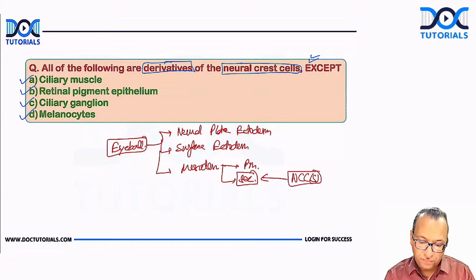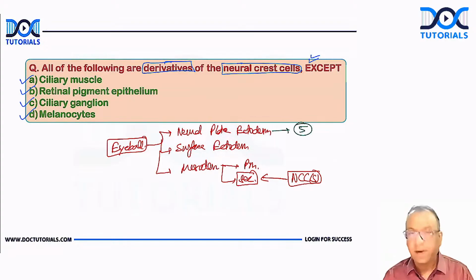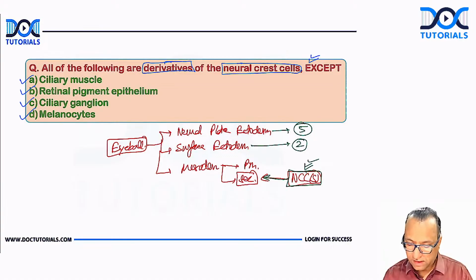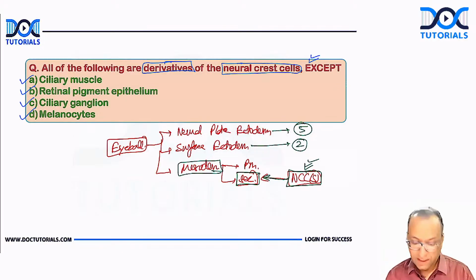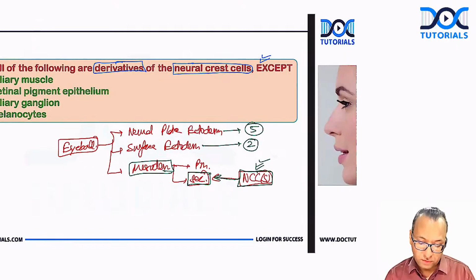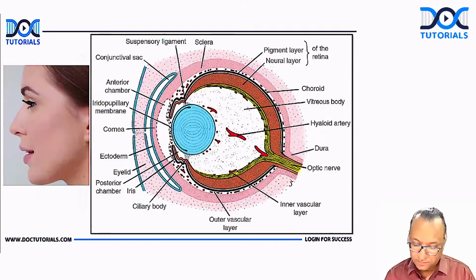Now, if we are focusing upon the developing eyeball, there will be 5 derivatives of neural plate ectoderm, which we have to remember, and 2 derivatives of surface ectoderm. Otherwise, everything else will come either from neural crest cells or from neural crest cell derived secondary mesoderm. That is what we have to understand. So I have got a diagram which we'll be drawing, but you need to understand that the optic nerve, number one, is coming from neural plate ectoderm.